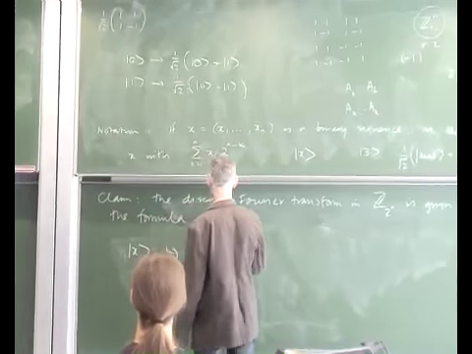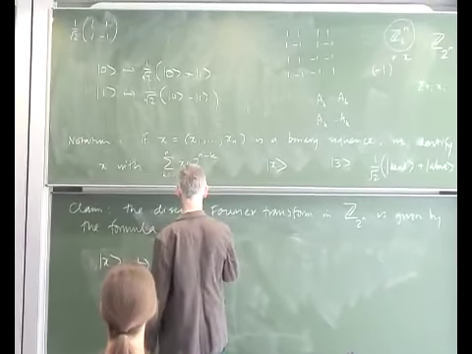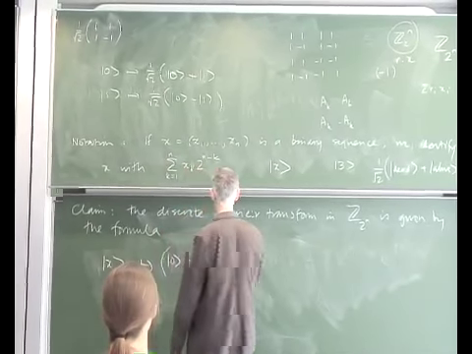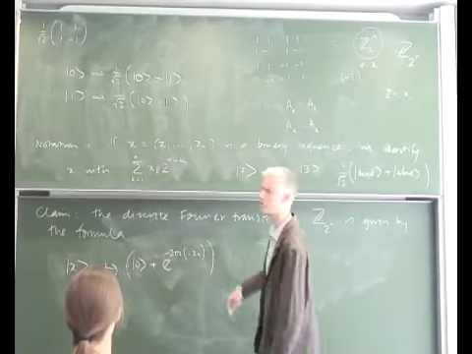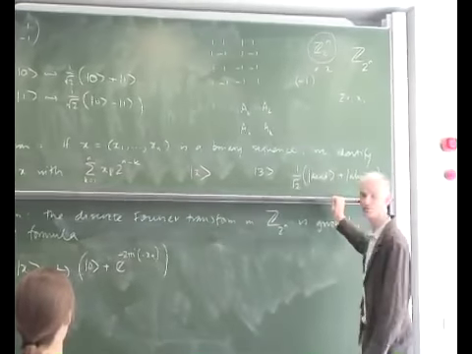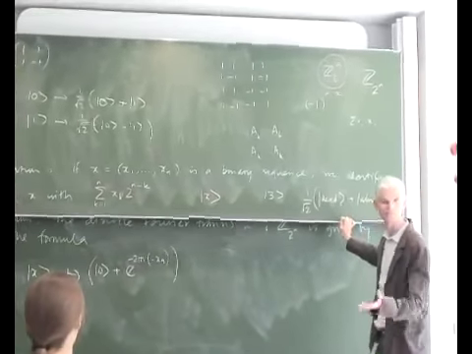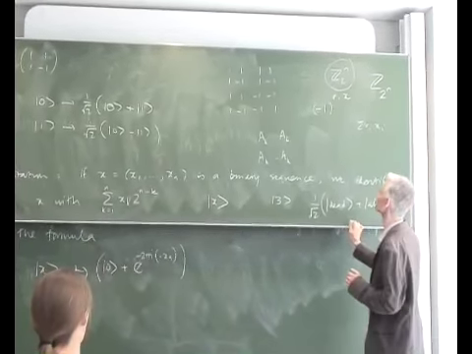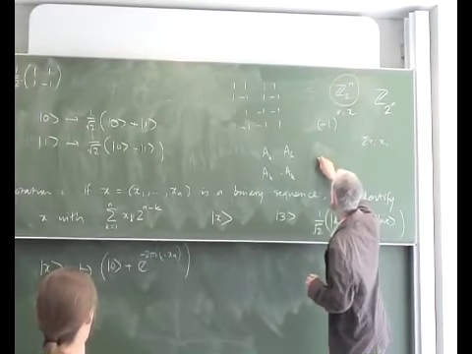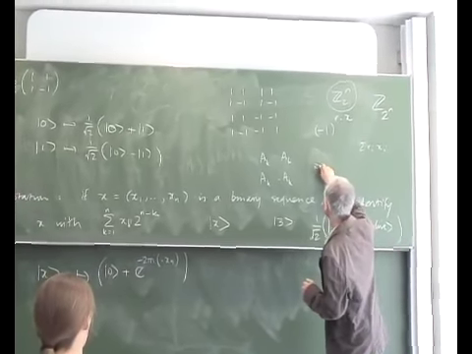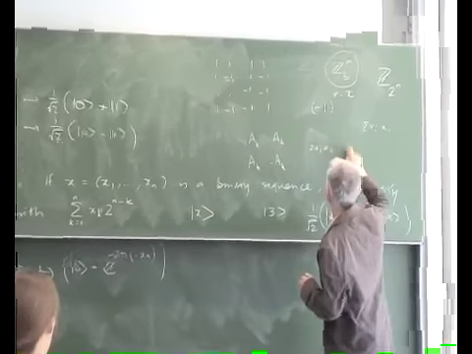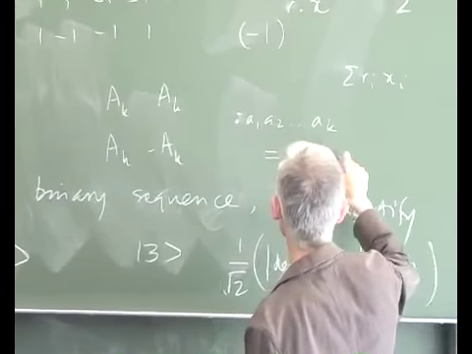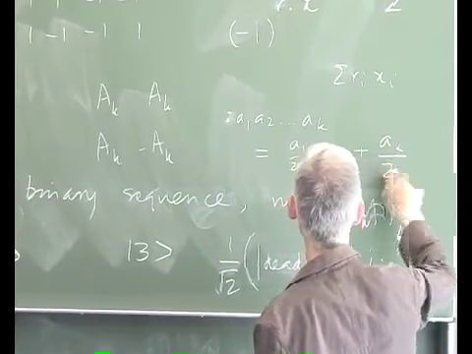0 plus e to the 2 pi i, or minus 2 pi i, point xn. Point xn, I should have mentioned, is just a binary expansion. I'm so tempted to say binary decimal, but I can't really say that. So 0 point a1 a2 up to ak is a1 over 2 plus up to ak over 2 to the k.